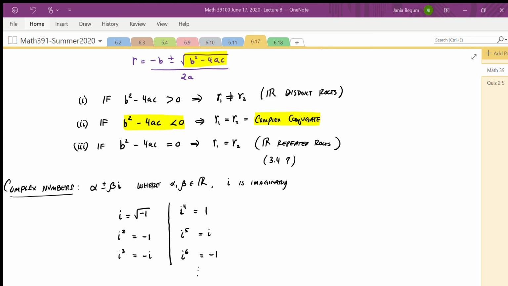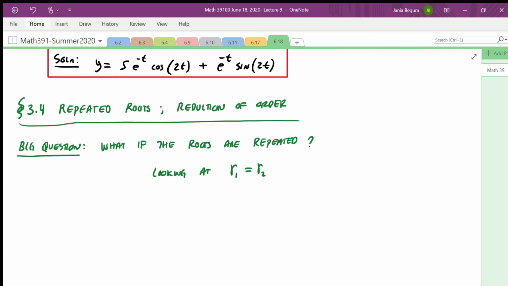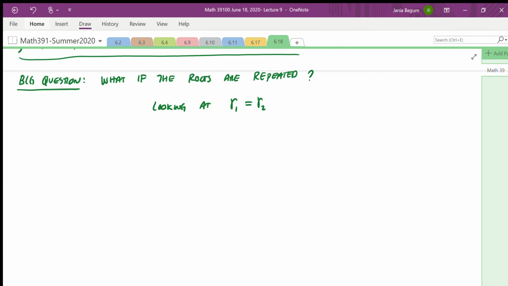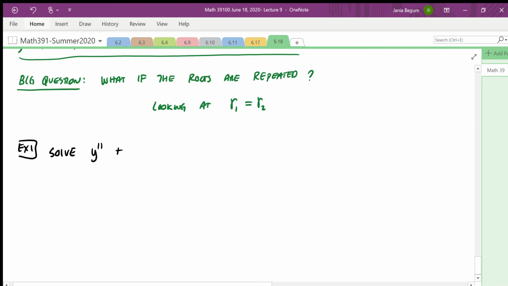Okay, so let's look at it and give you an illustration how to get to the solution. So suppose I want to solve the following differential equation. So here's an example. So let's solve y double prime plus 4y prime plus 4y equals 0. Okay, so we want to solve this. So the usual way, you write out its characteristic polynomial, you assume the solution is e to the rt, right?